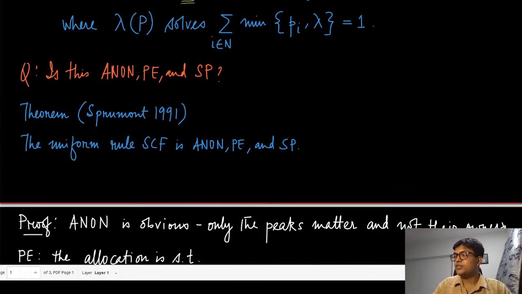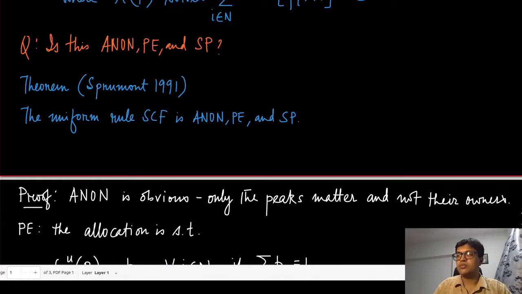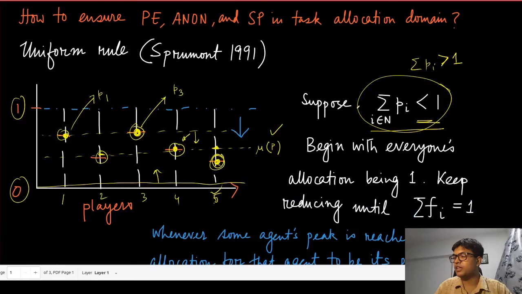Now let us try to argue why it is anonymous, Pareto efficient, and strategy proof. Indeed, it satisfies all these 3 properties. That is the theorem by Sprumont. So the first 2 things are pretty easy to follow. We know that anonymity is when you alter these agents. So if you go back to this figure, if we change the names of these agents, their allocation would have also changed.